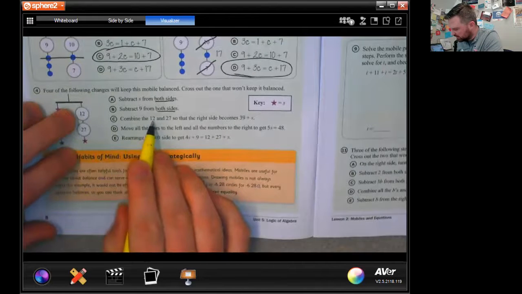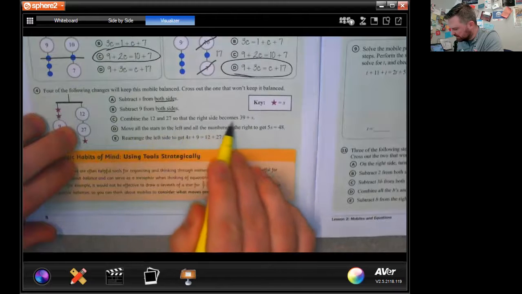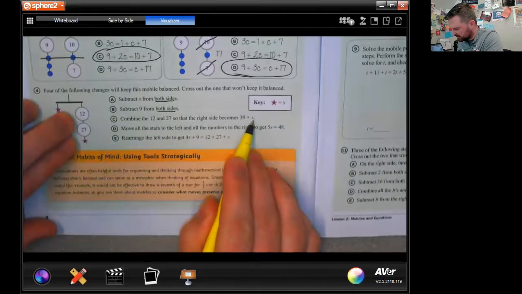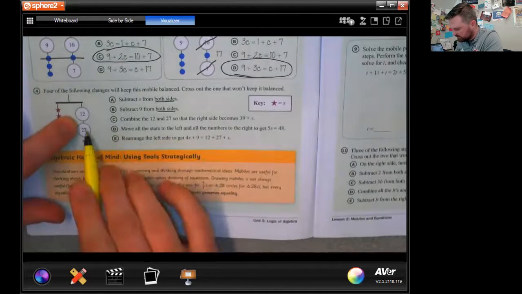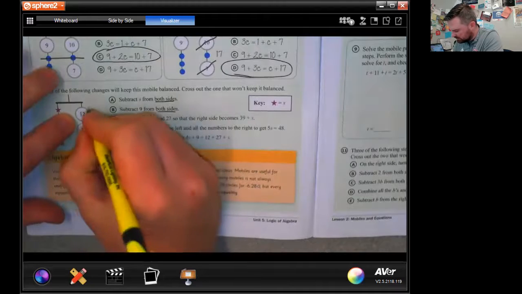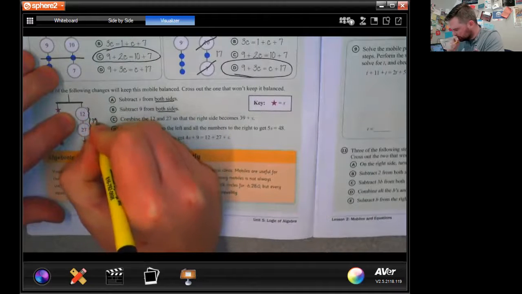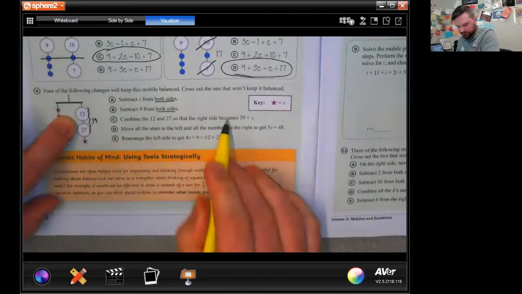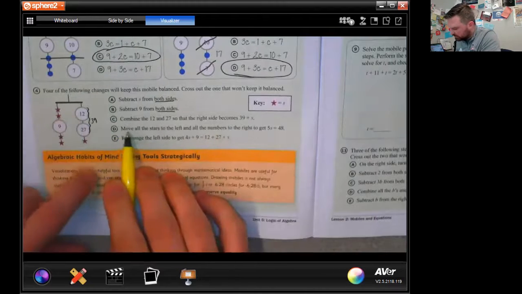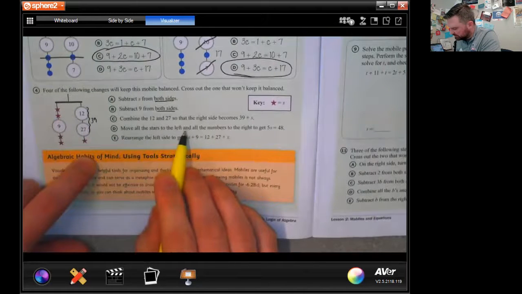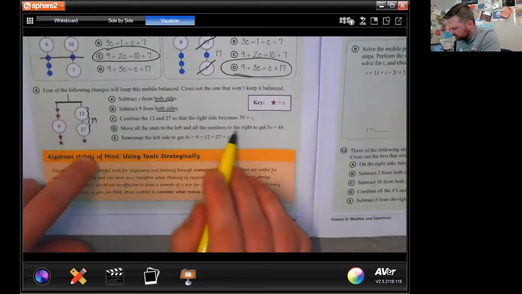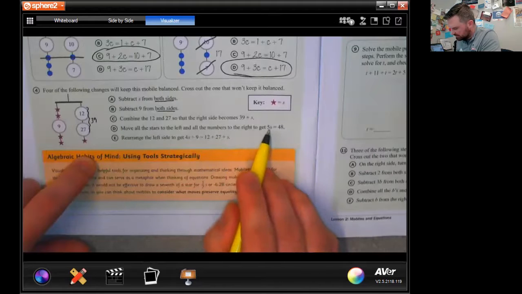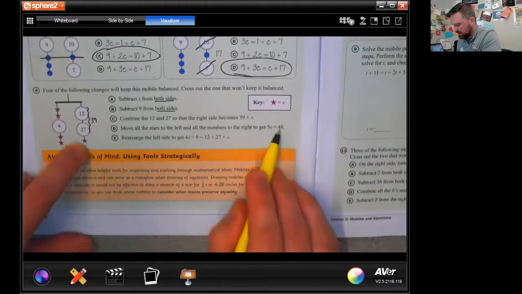Combine the 12 and the 27, so the right side becomes 39 plus S. So 7, 8, 9. So this together does equal 39, and I can combine it on the same side. So this is true. Move all the stars to the left and all the numbers to the right and get 5S equals 48.